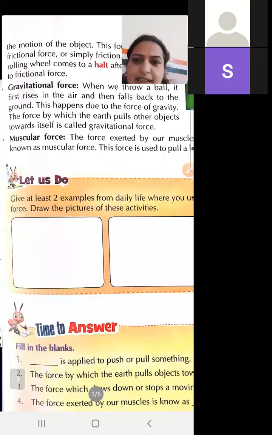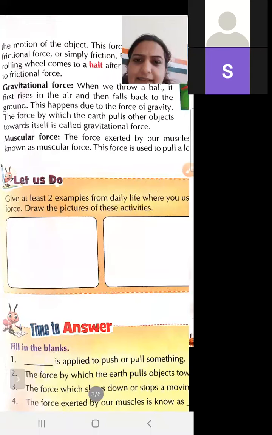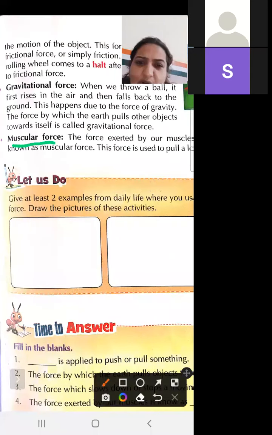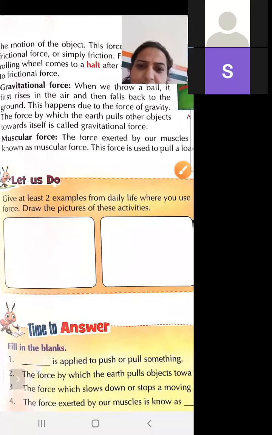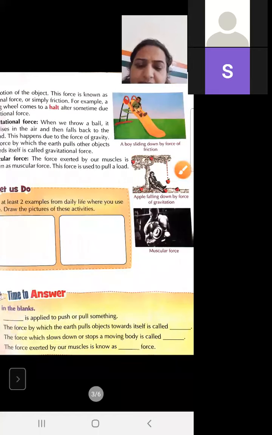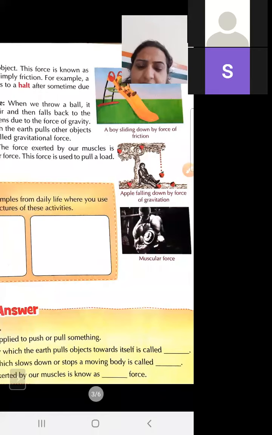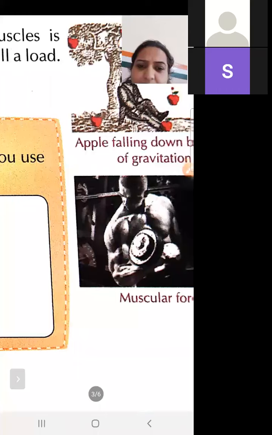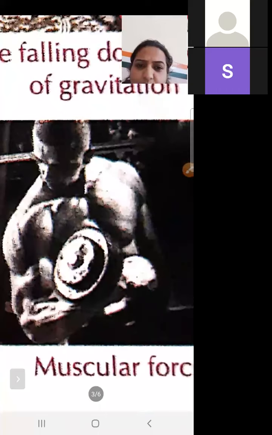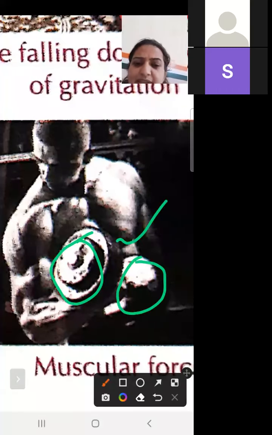muscular force. So what do you mean by muscular force? The force exerted by our muscles is called muscular force. Suppose in the gym, we use these types of dumbbells. These are dumbbells used in the gym for making muscles.